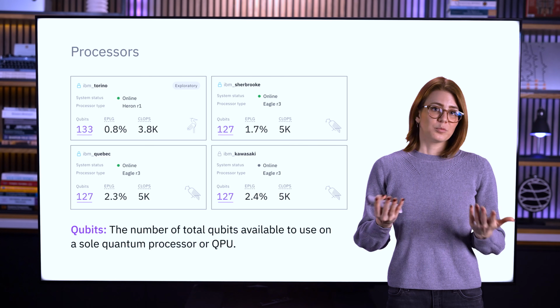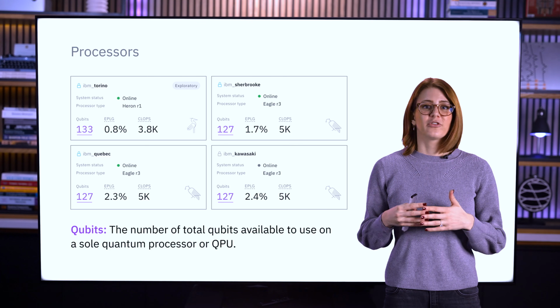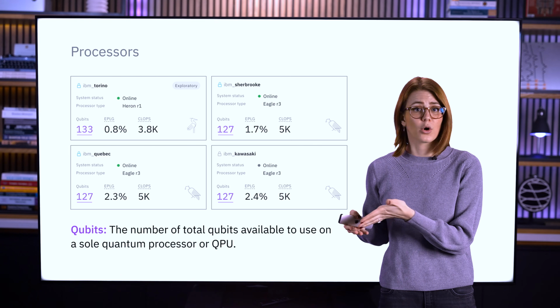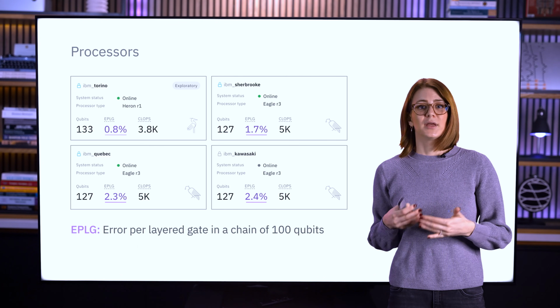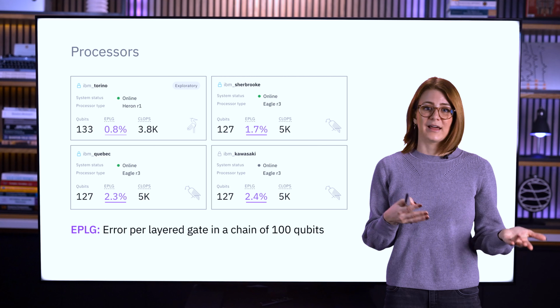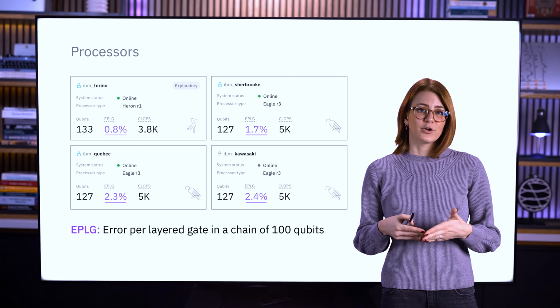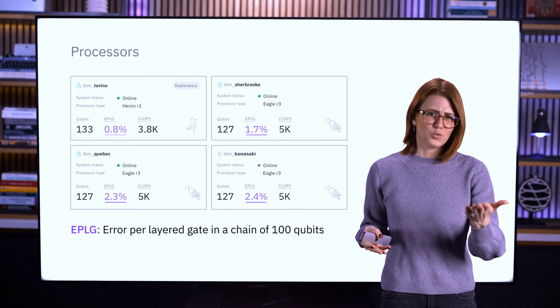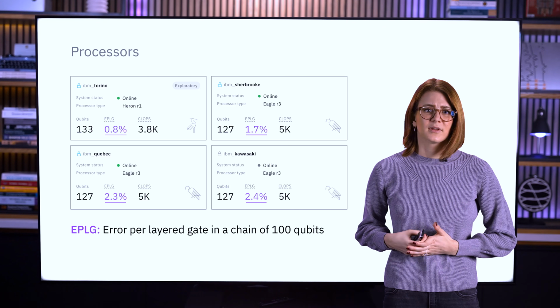Qubits. Now this is pretty self-explanatory. Qubits is just the number of total qubits available to use on that sole quantum processor, or QPU. EPLG stands for errors per layered gate, which measures the average gate process error in a layered chain of 100 qubits. Basically, you want this to be as small as possible.